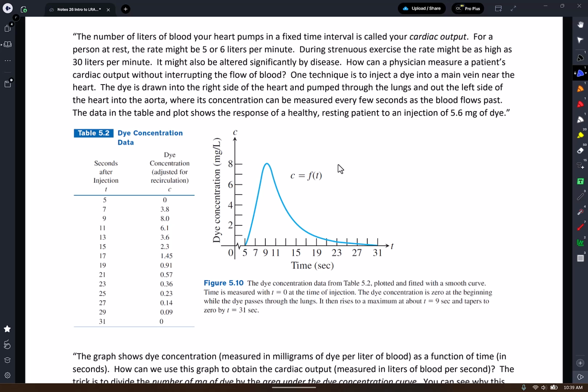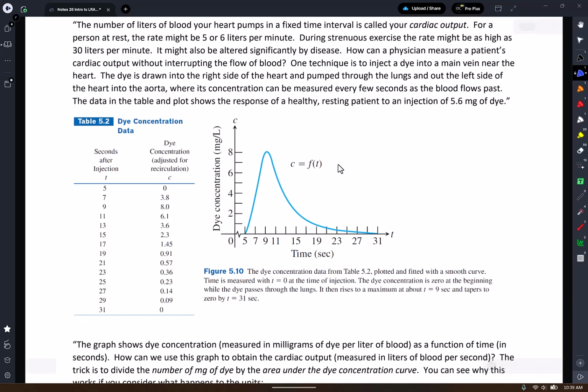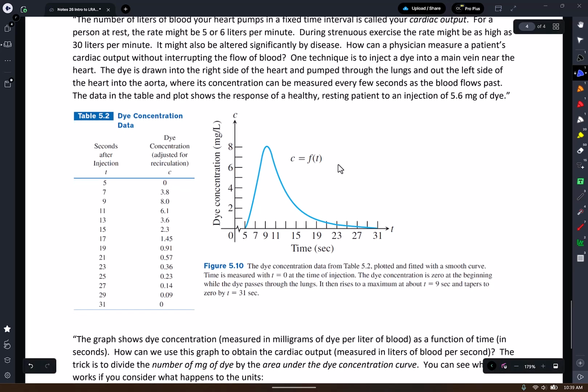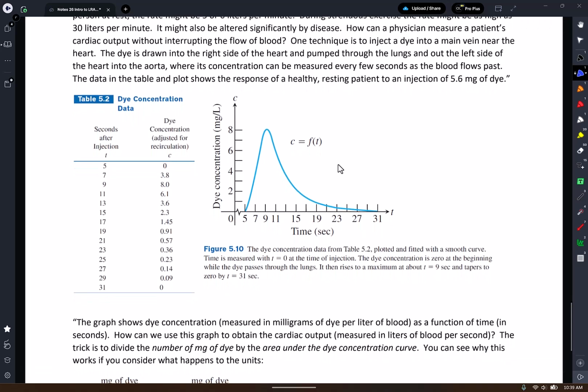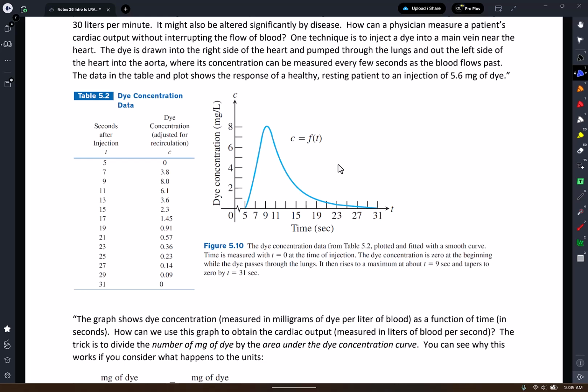One technique is to inject a dye into a main vein near the heart. The dye is drawn into the right side of the heart and pumped through the lungs and out the left side of the heart into the aorta, where its concentration can be measured every few seconds as the blood flows past. The data in the table and plot shows the response of a healthy resting patient to an injection of 5.6 milligrams of dye.